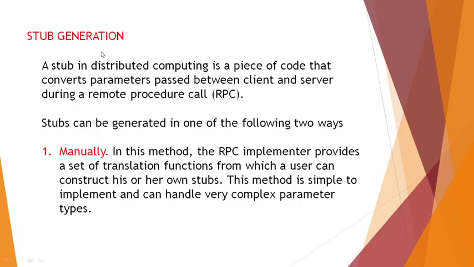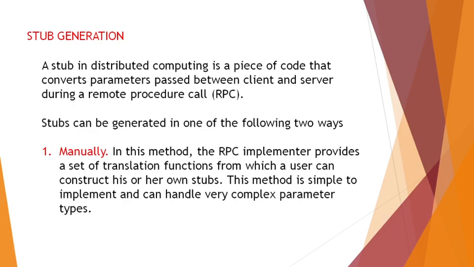So here, how to generate those stubs on both the client and server sides, stub generation, is important. A stub in distributed computing is nothing but a piece of code. It converts parameters passed between the client and the server during a remote procedure call.